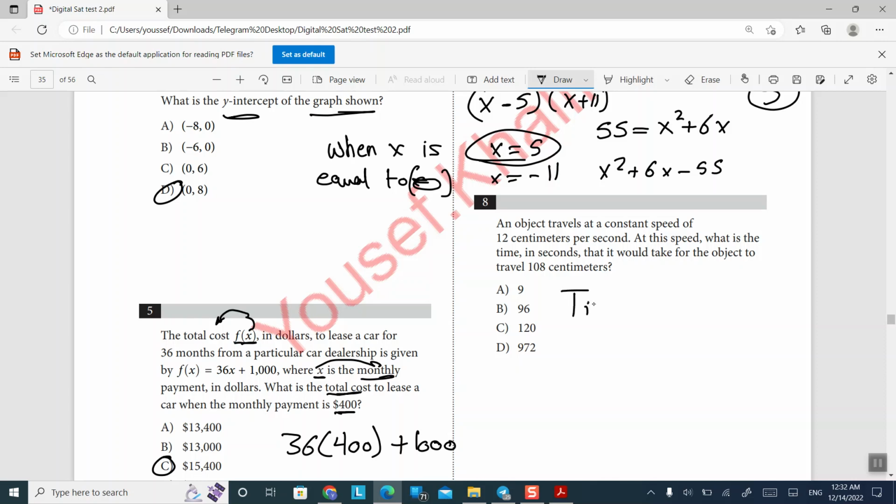So time is equal to distance traveled over the speed. Speed is equal to 12 centimeters per second, and 108 centimeters, the distance, over 12 is equal to 9.